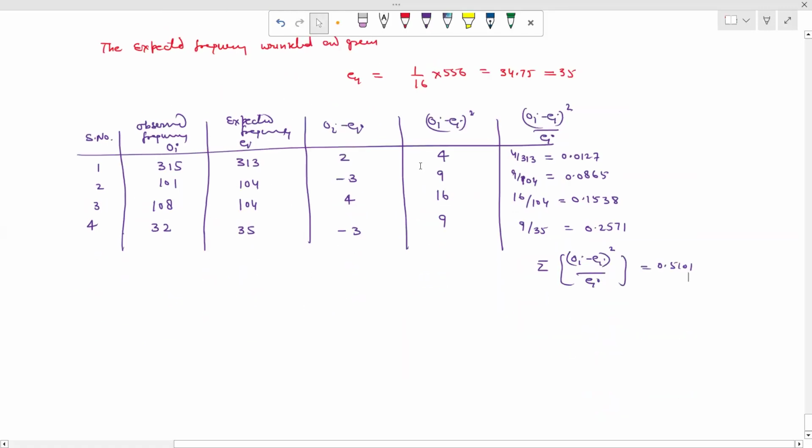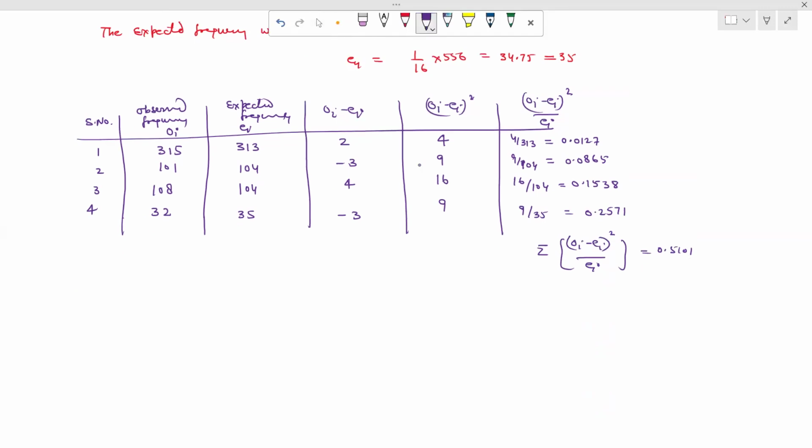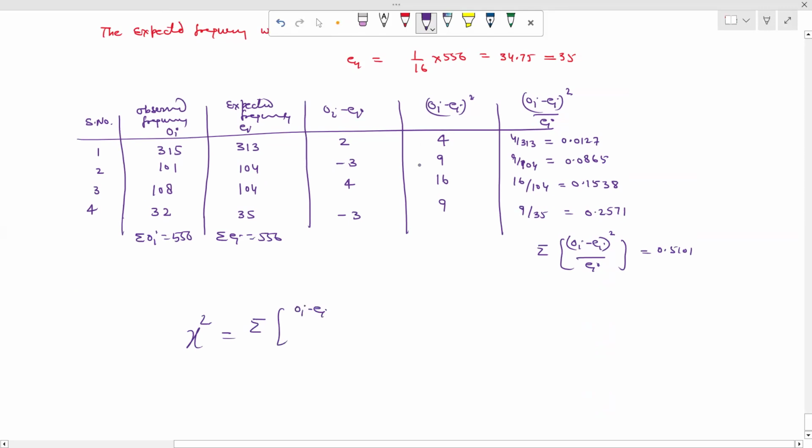We write down the summation of observed frequency, which is 556, and the summation of expected frequency, which is also 556. Now chi-square is equal to the summation of OI minus EI to the whole square upon EI, which we have calculated directly as 0.5101.